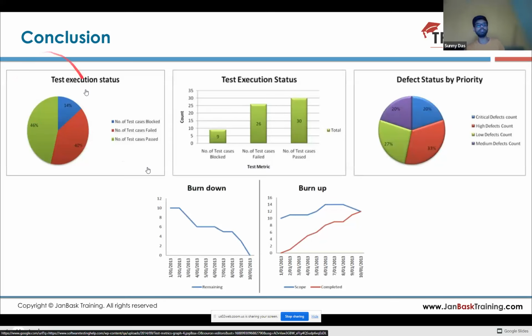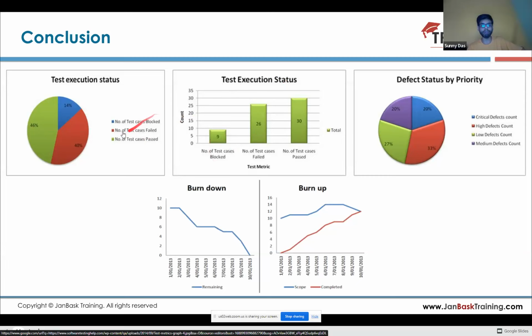So finally, in conclusion, after that data is generated, the test managers or the test lead will generate the status like this. They will generate different types of graphs and pie charts, and then provide these reports to the customer or the stakeholders. From here you can see percentage of test cases blocked, failed, and passed, test execution status, number of test cases.